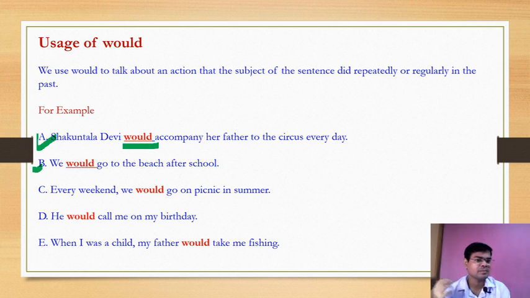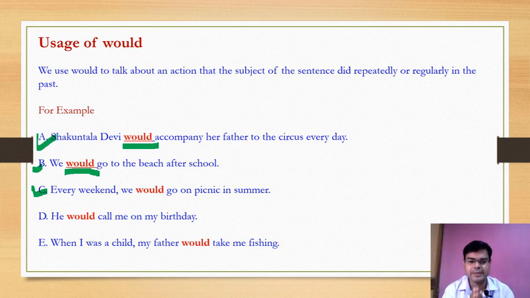The students must have a beach nearby, and hence whenever they completed school, they used to go to the beach. This was their regular action in the past. That's why would has been used. I hope you are getting it very clearly. Very nice. See, every weekend we would go on a picnic in summer.